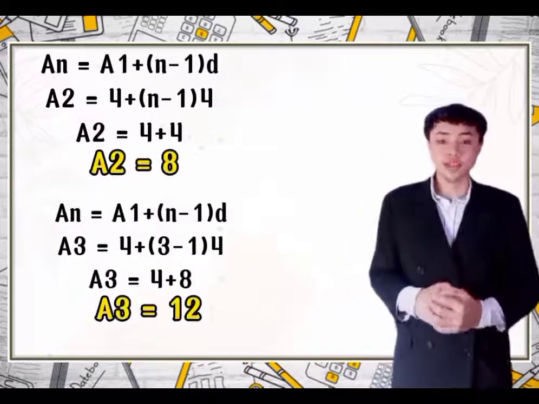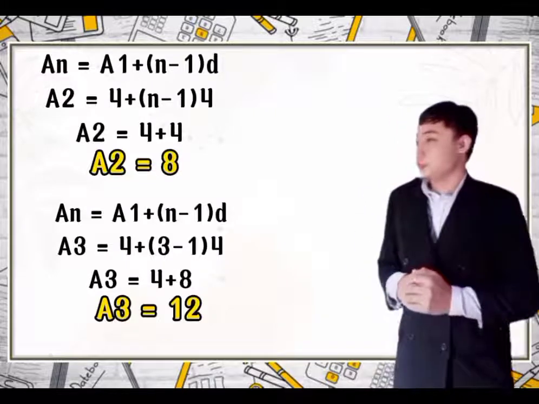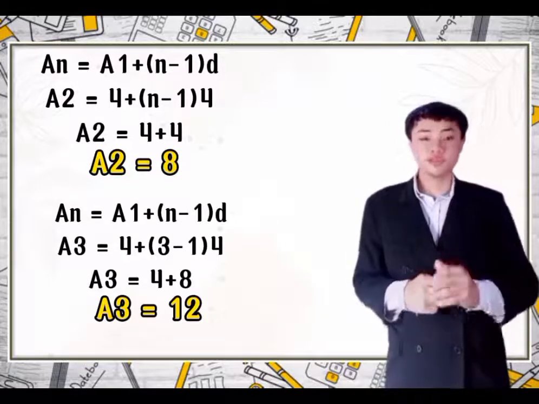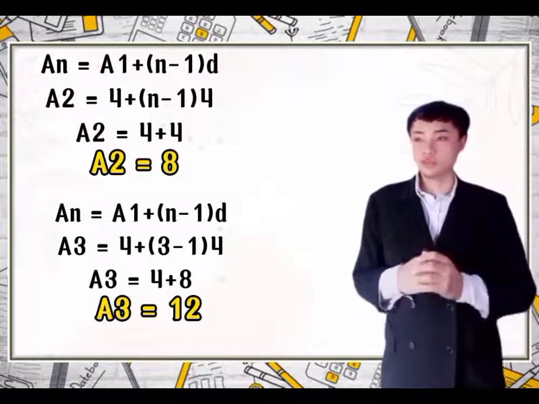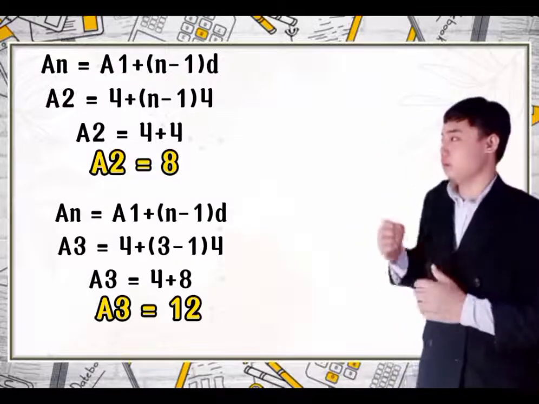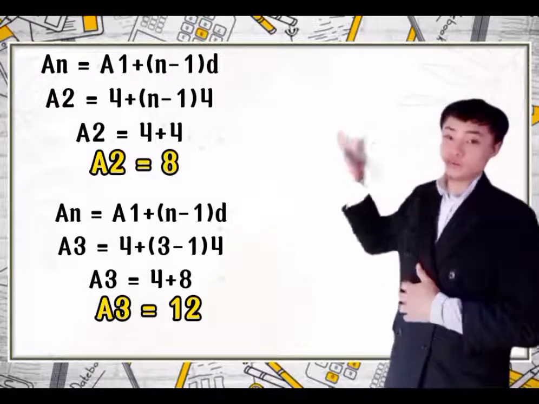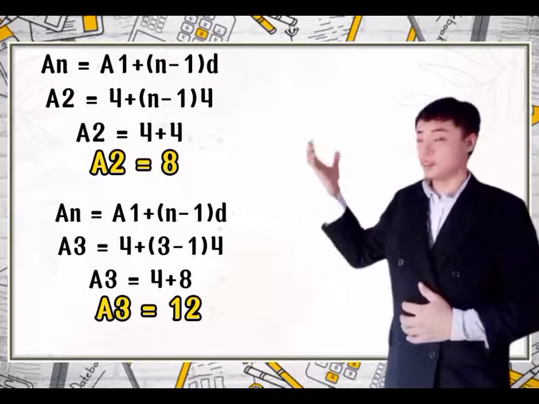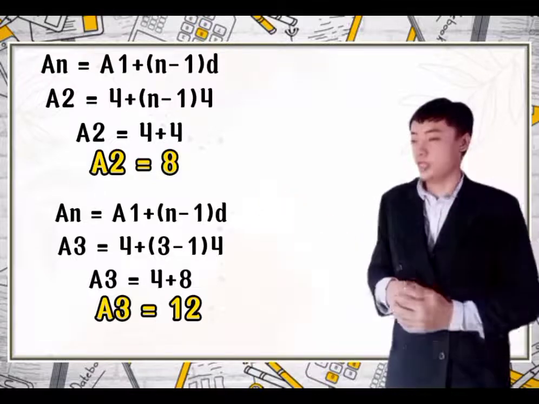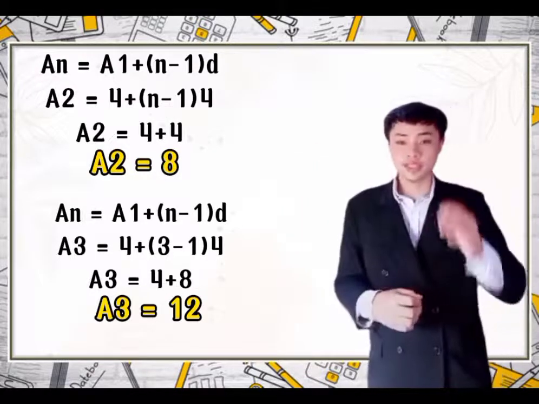Now let's get the missing terms. First is the second term. That's the first term that we're going to solve. First we have to follow the formula of the arithmetic sequence. a sub n equals a sub 1 plus n minus 1 times d.